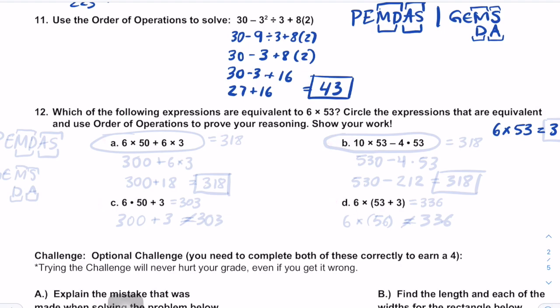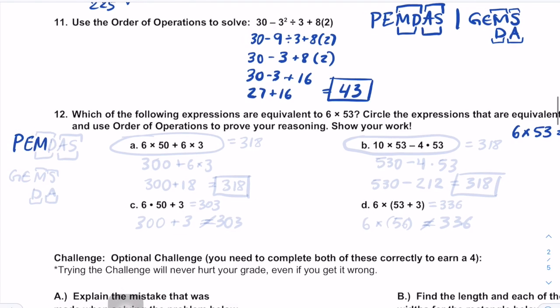We're going to start with the letter A here. We're going to think once again with the same mindset of PEMDAS and GEMS, knowing that multiplication and division are in the same step, addition and subtraction are as well.